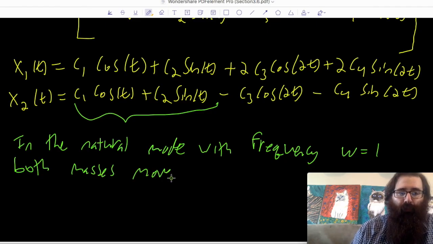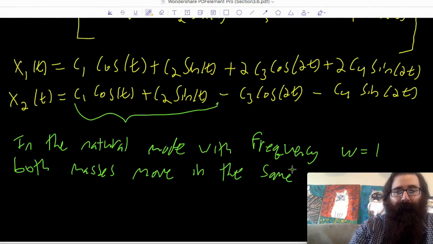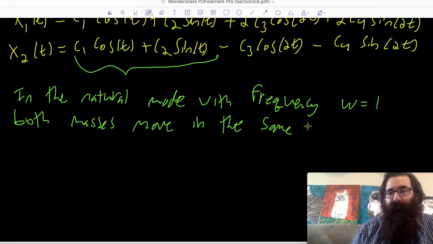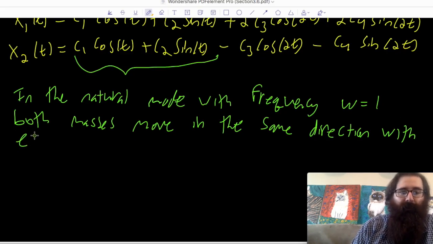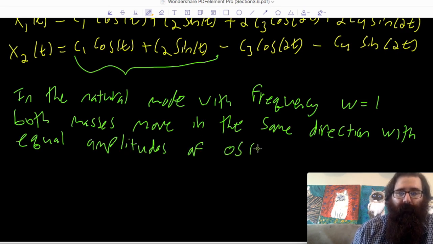Both masses move in the same direction, talking about direction and amplitude, in the same direction with equal amplitudes of oscillation.